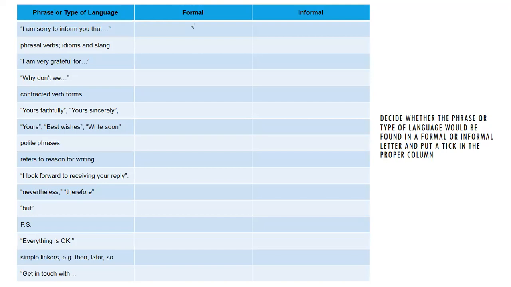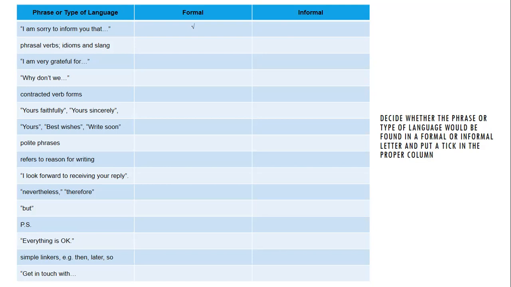I'm very grateful for. Formal. Formal or informal, guys? Formal. Why don't we? Informal. Contracted verb forms. What is the meaning of contracted verb forms? Artinya apa itu contracted verb form?